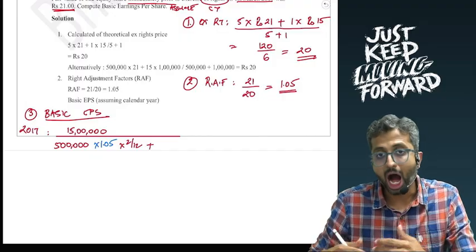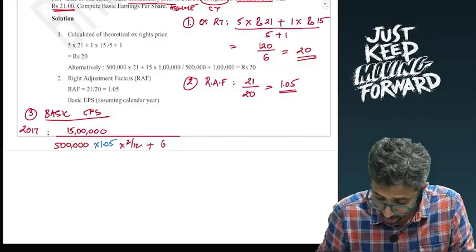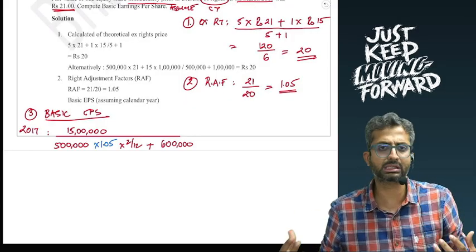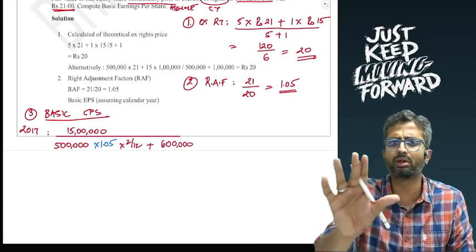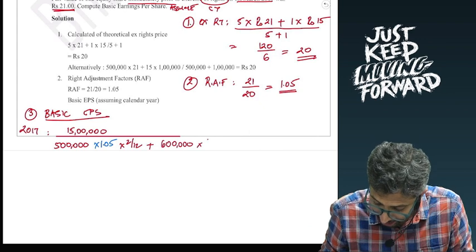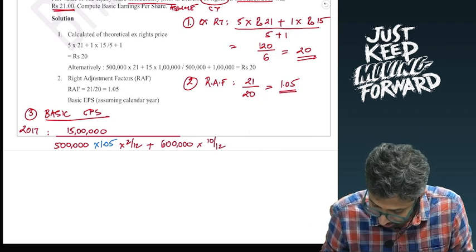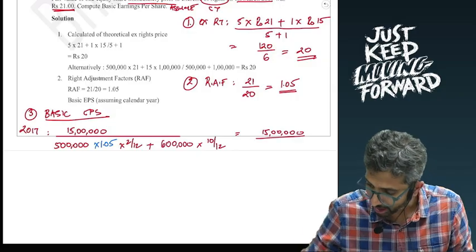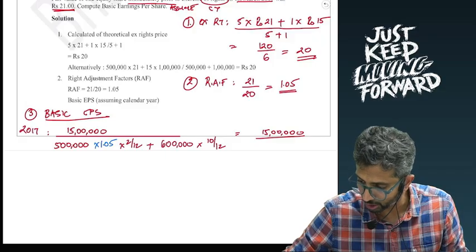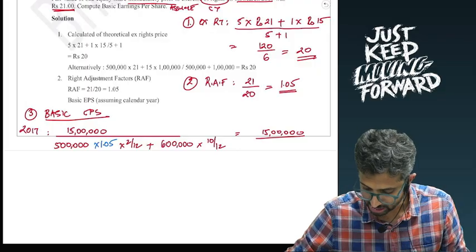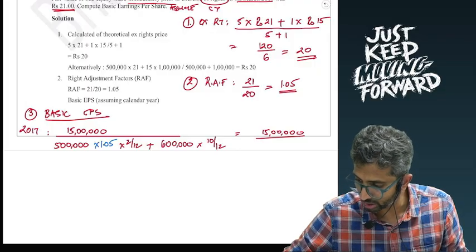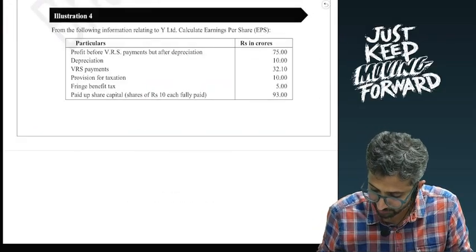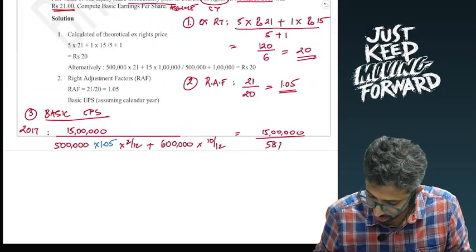Cumulative basis. After the rights shares are issued, there will be a total of 6 lakh shares. This will include everything, all the 6 lakh shares. If there's a hidden bonus, that is also part of the 1 lakh shares. Into directly 10 by 12, that is the remaining months. And hence, I will take 15 lakhs divided by 5.25 into 2 by 12 plus 6 lakhs into 10 by 12, and hence this is 587,500.